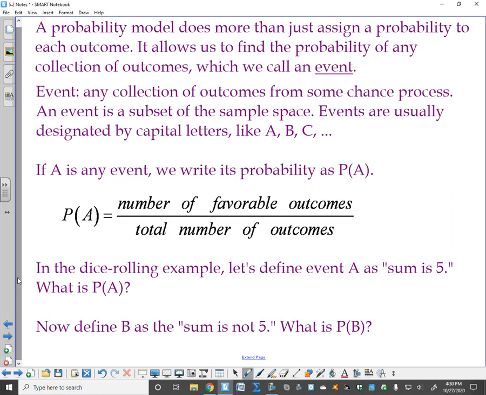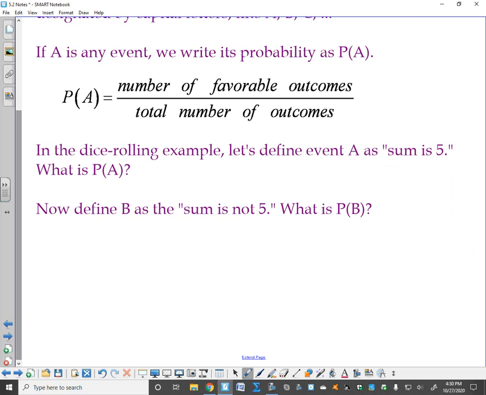So when I go back here, I'm going to write the probability of A, and they have already defined event A. I can't just use a letter that I haven't defined. If it's not defined for you, you would have to write A equals sum of 5, or sum is 5, whatever.